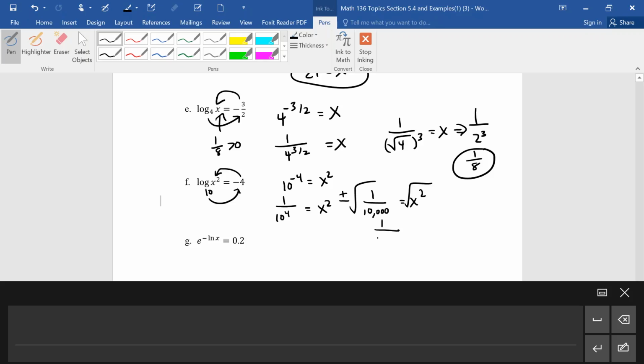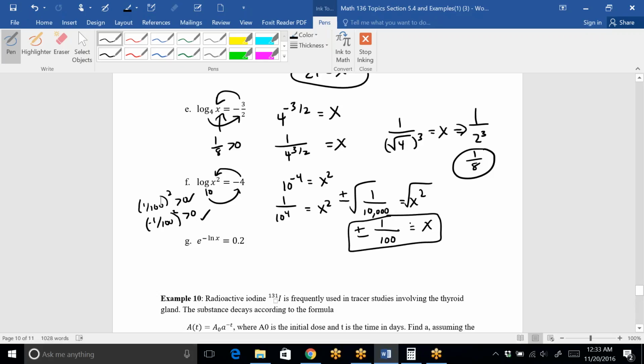This would be 1 over 100, and it would be plus or minus. In this case, because this is being squared, 1 over 100 squared is positive, and negative 1 over 100 squared is also positive. So we're good on both. So both of these would be solutions.